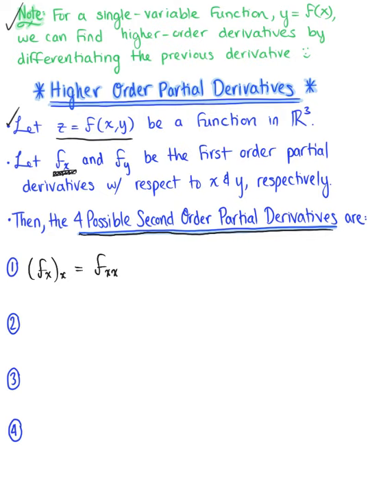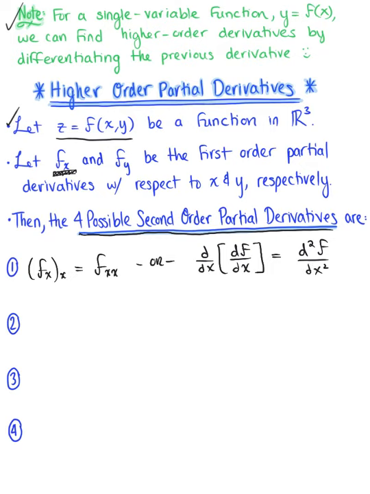We could also use our differential notation. We are taking the derivative with respect to x of the partial derivative of this function with respect to x. So this leaves us with d squared f by dx squared.